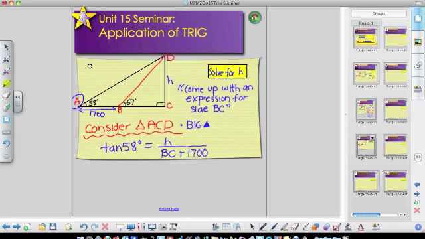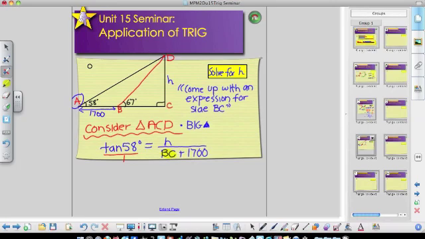It's one of the only side lengths that I know. Remember my end result is to get an expression for BC, because BC is common to both triangles. What I'm going to do right now is cross multiply, okay?